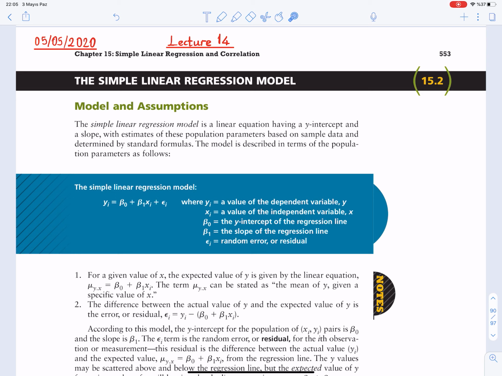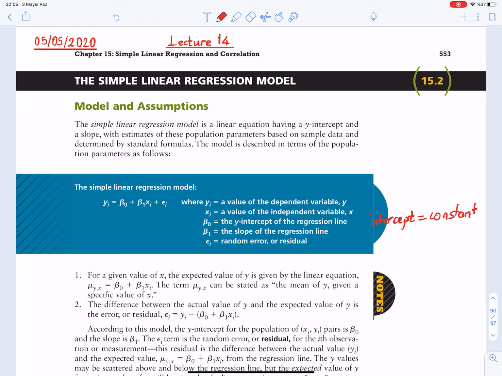In some books and lecture notes, you may see the intercept called a constant. The intercept is also called a constant.